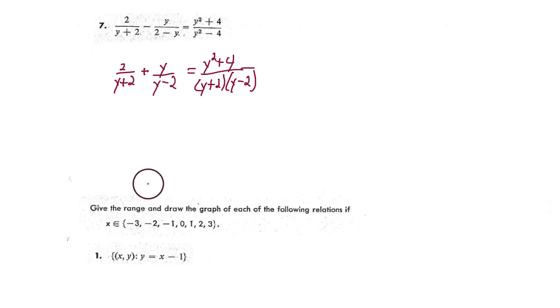This helps me to figure out my lowest common denominator has a y plus 2 and a y minus 2. So times the first one by that denominator, and times in here by that denominator, and over here by that denominator.